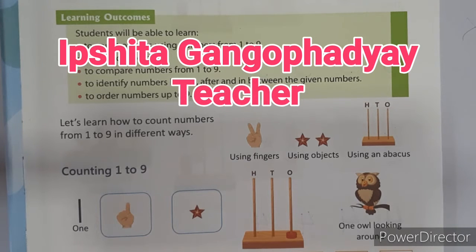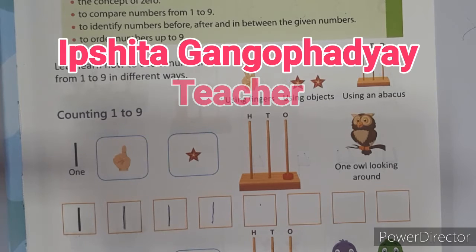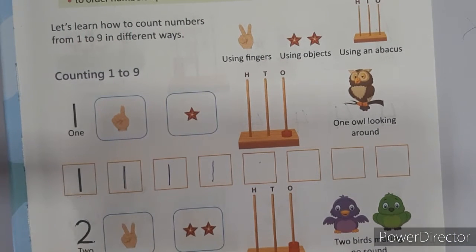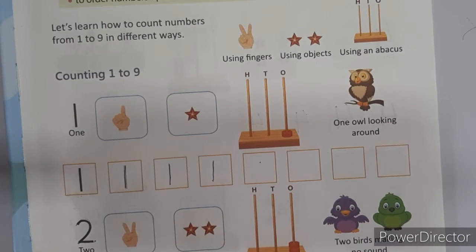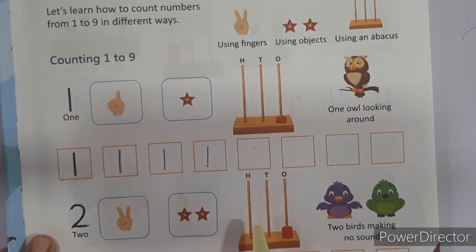Today we are going to start with chapter number 1 exercises, numbers from 1 to 9. So just take out your pencil and we'll start writing our exercise. We'll go to page number 1 and we'll start writing.